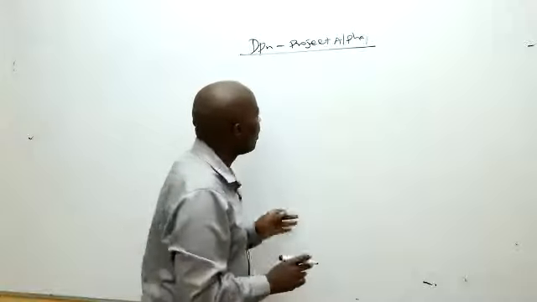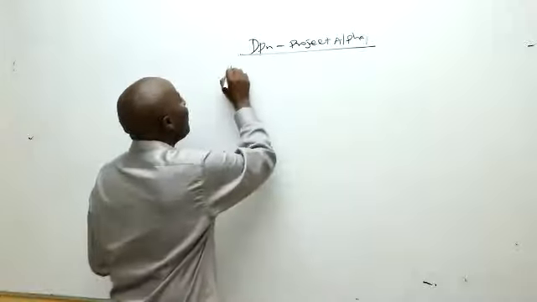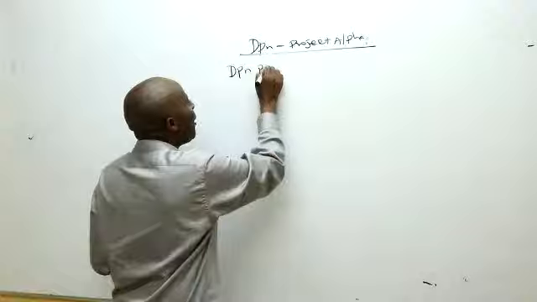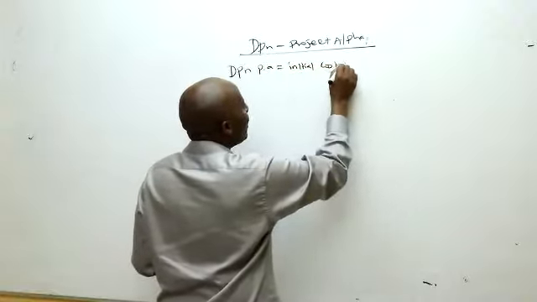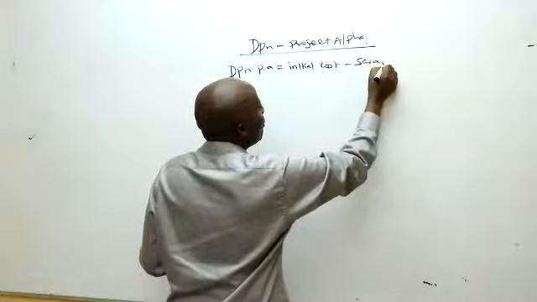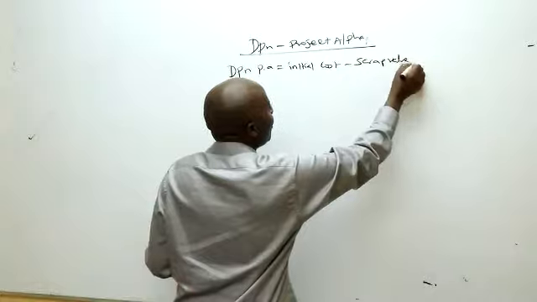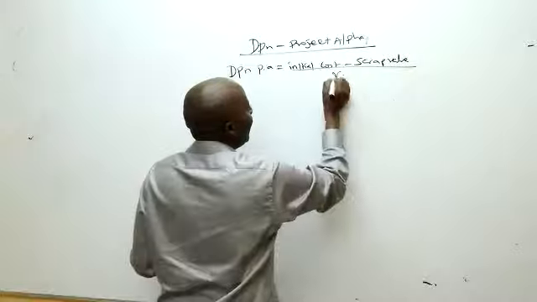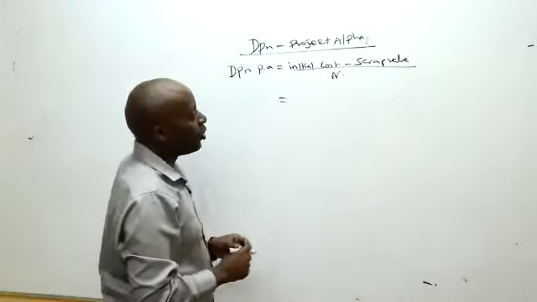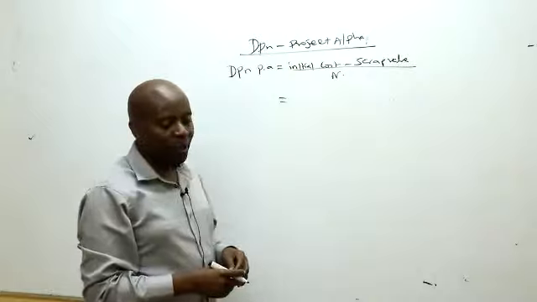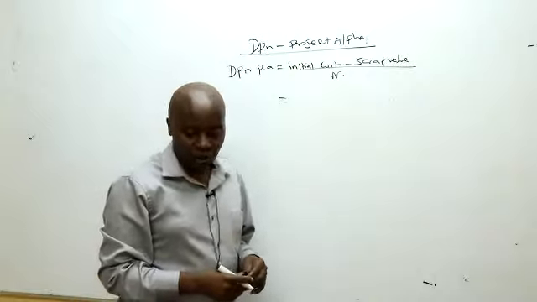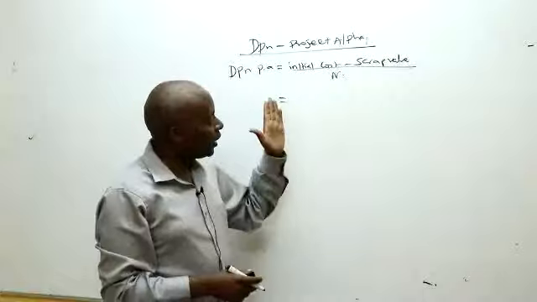So we shall use the straight line method, where the depreciation per annum will be equal to the initial cost minus the scrap value all over n, the number of years.